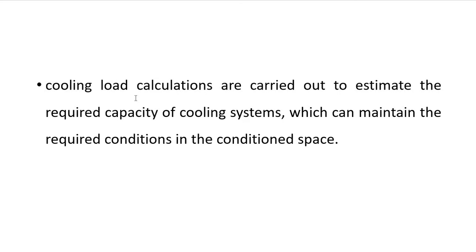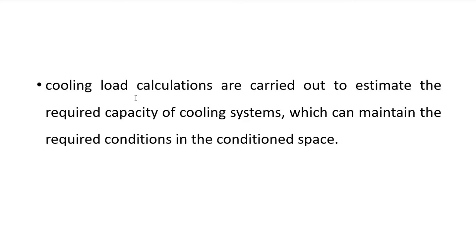Suppose we have to design an air conditioning system for an auditorium. The outside conditions are that the outside temperature is 35 degrees Celsius and the relative humidity is 60% or 65%. Inside the auditorium, you have to maintain a temperature of 24 degrees Celsius and 50% relative humidity.